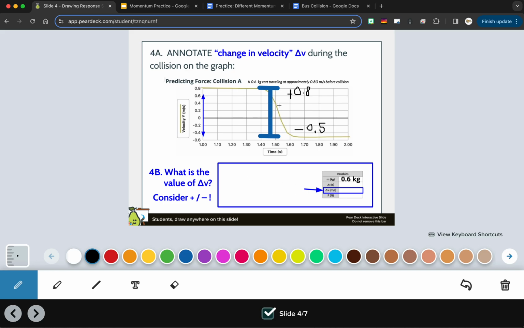So the total change from 0.8 in the positive direction to the right to 0.5 in the negative direction is how much this graph goes down. You can do this as a subtraction problem. You can also just count boxes: 0.2, 0.4, 0.6, 0.8, 1.0, 1.2, 1.3. Either one works, but you need to be thinking about the change from the initial value to the value afterwards, and that gives us a change in velocity.